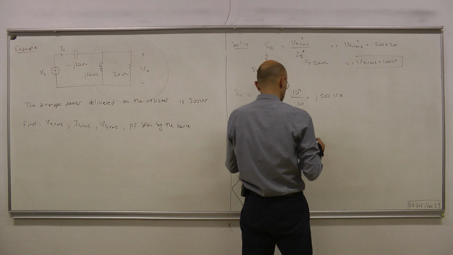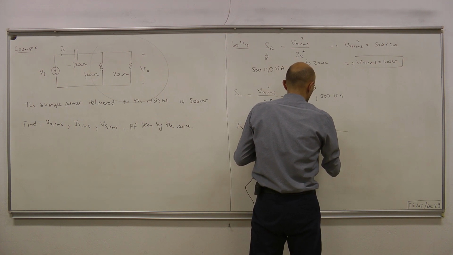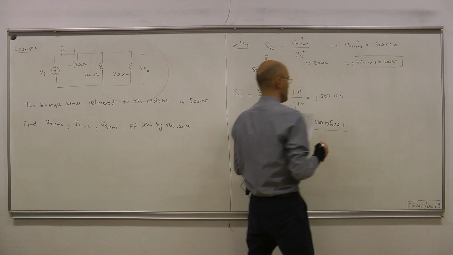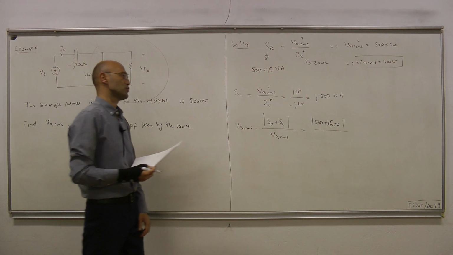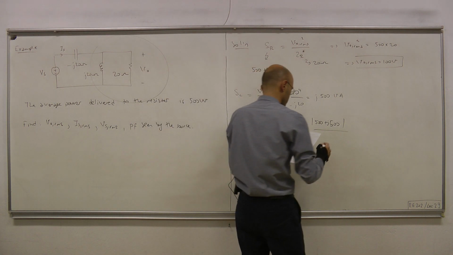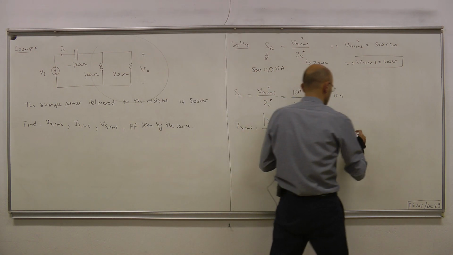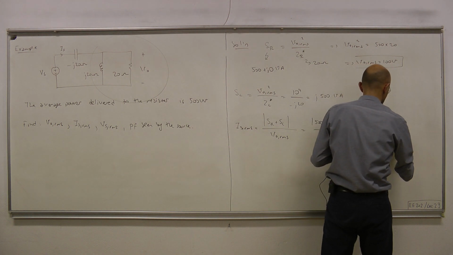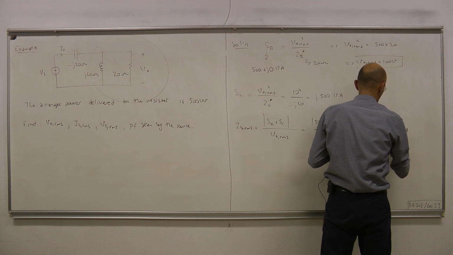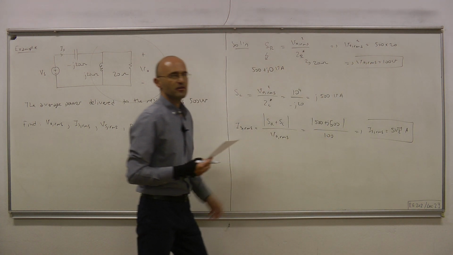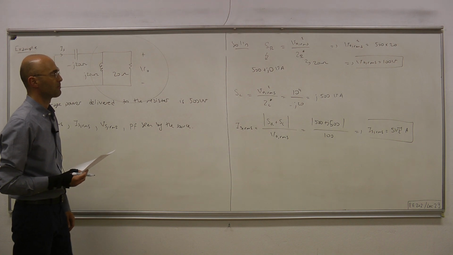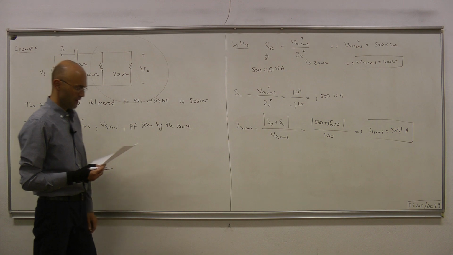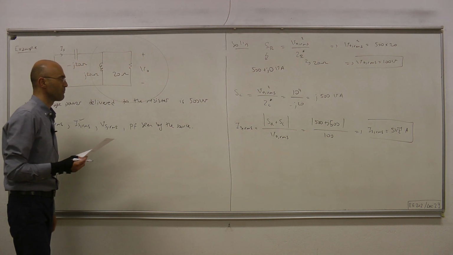So that equals the magnitude of 500 plus J500, which is 500 times square root of 2, divided by 100. That produces IS RMS equals 5 times square root of 2 amps. Okay, so this is computed. Let's figure out Vs RMS.